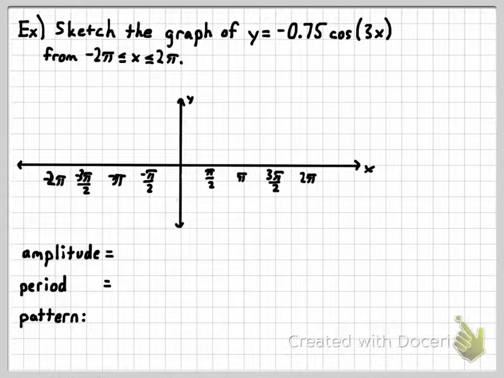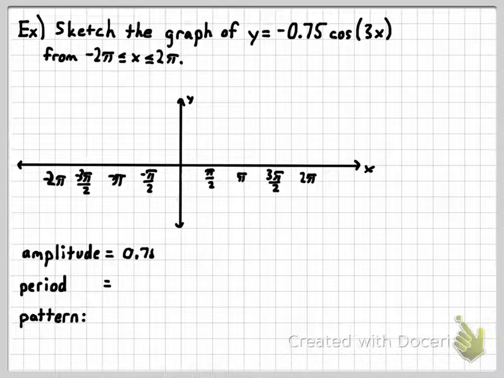Alright, and some things to discuss before we even really get into trying to plot any points here. And those are the 3 values that we said change whenever you have any kind of stretching or a reflection. And we're going to have all 3 of those things in this equation. First of all, you need to know what the amplitude is. And we said the amplitude is always equal to the absolute value of a. Well, here a is negative 0.75, so the amplitude would be positive 0.75.